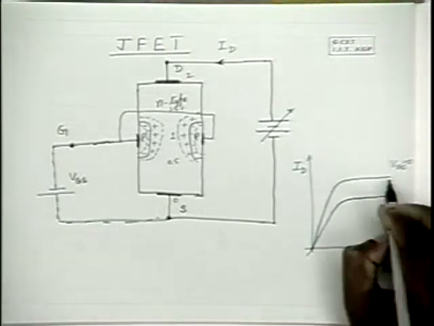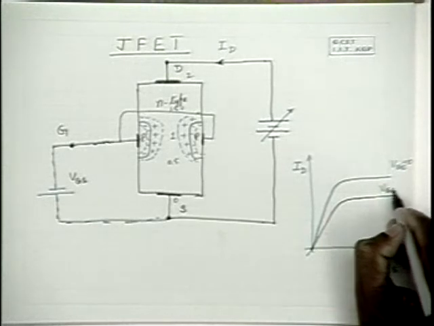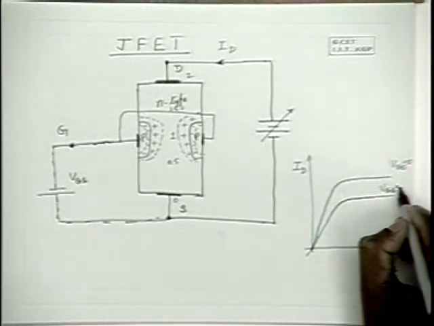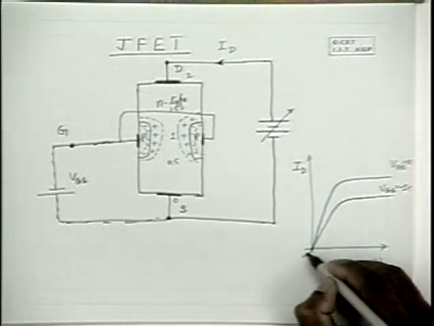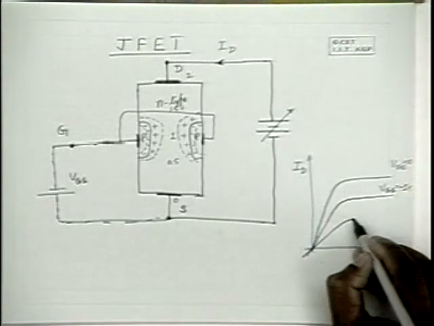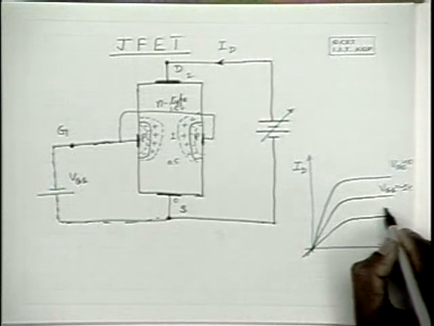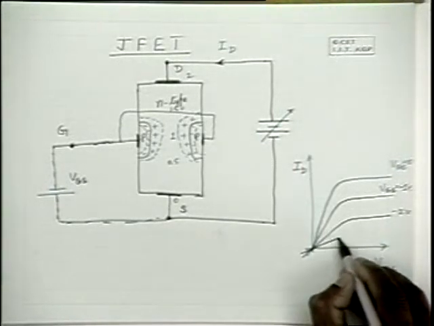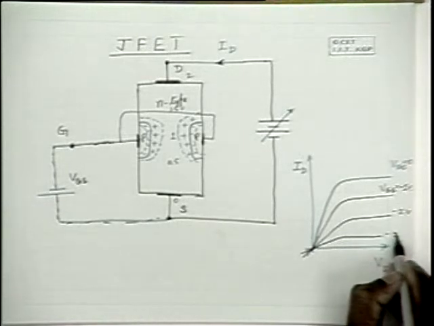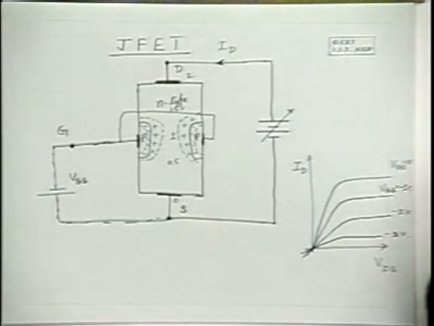So as a result, you will find that the resistance of this bar is large and the characteristics is something like this. This is for VGS is say minus 1 volt, and for VGS is say minus 2 volts, the curve is like this, say minus 3 volts, it is like this.